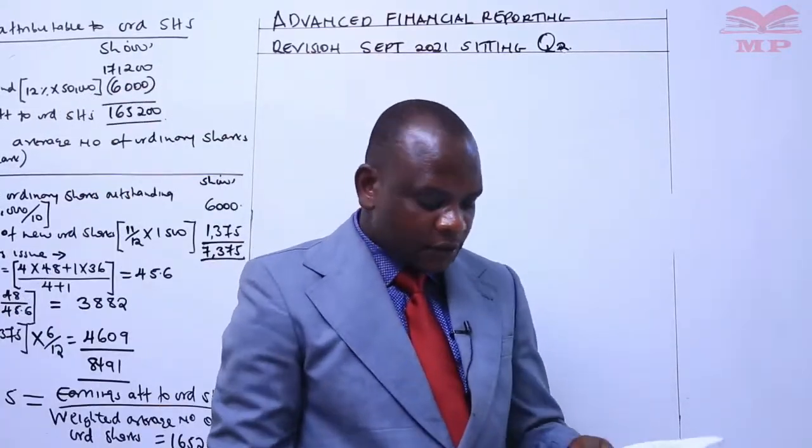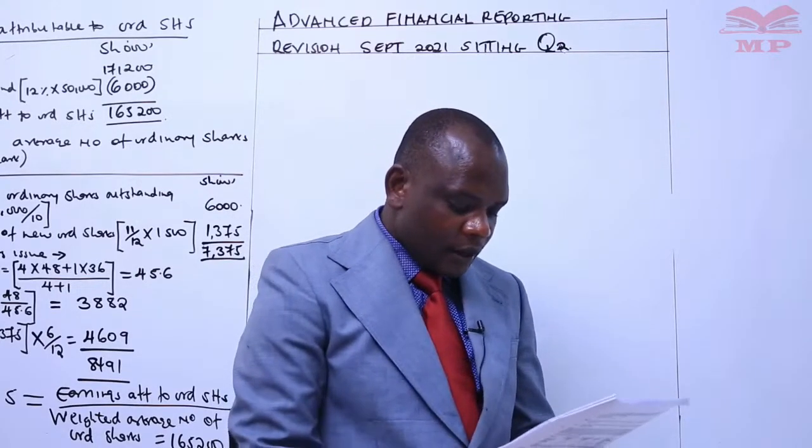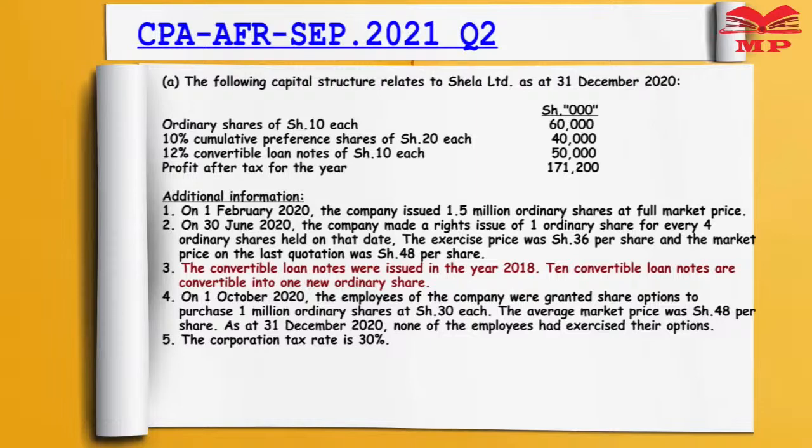In our question, the potential ordinary shares can be found in additional information 3, where we are told that the convertible loan notes were issued in the year 2018, and the conversion ratio is 10 convertible loan notes are convertible into 1 new ordinary share.